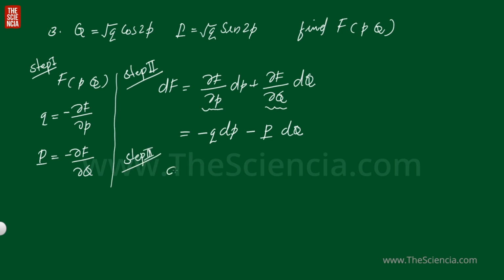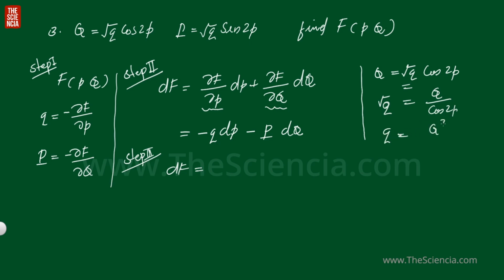Now this step 3. In step 3, we have to replace these terms by the given conditions. So the given equation is capital Q is equal to root q cos 2p. So we can find out the q value, that is root q will be equal to Q by cos 2p. That is, q will be equal to Q square by cos square 2p, right?